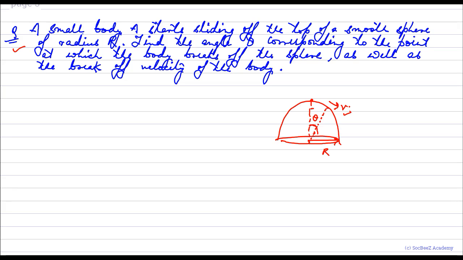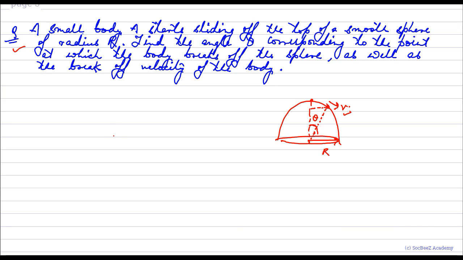Okay, fine. So when the body is about to break off from the sphere, there is going to be no contact force acting between the body and the sphere. Fine. So the centripetal acceleration which the body requires in order to move in this path is going to be just provided by the component of its weight along the radially inward direction.